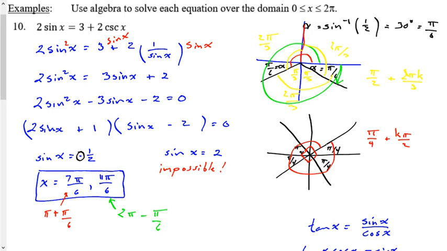Let me get a new page here. Basically what it's going to come down to, if we think of a graph, suppose it was a cosine function that looked like this, and we were interested in these values here, whatever they were.